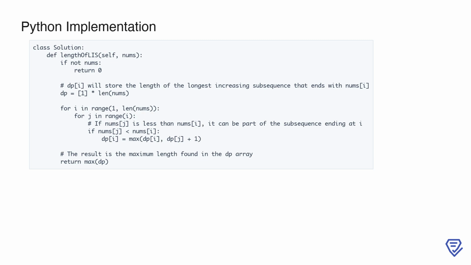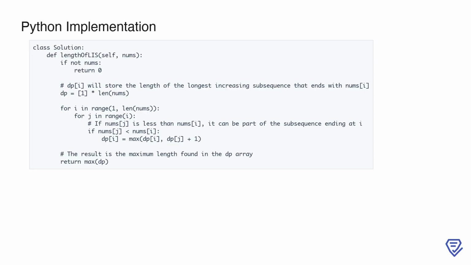In this case, the length of the subsequence ending at nums[i] is updated to the maximum of its current value, dp[i], and the length of the subsequence ending at nums[j] plus 1, dp[j] + 1. For result calculation, after processing all elements, the maximum value in the dp array is returned as the length of the longest increasing subsequence. This works because the dp array contains the LIS lengths for all possible ending points in the array.